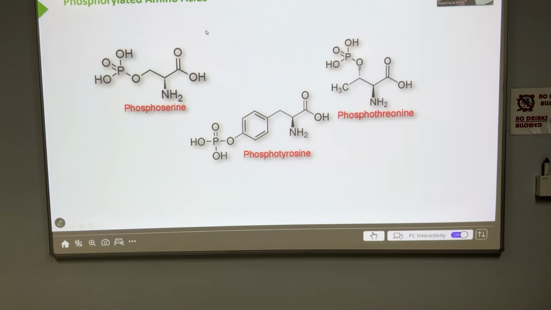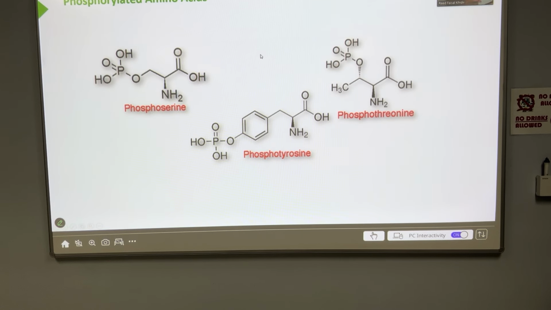Sometimes there are phosphorylated amino acids where you add phosphate, like phosphoserine, phosphothreonine, phosphotyrosine. Tyrosine is the actual amino acid. Phospho is the modification, a supplementary part we need.